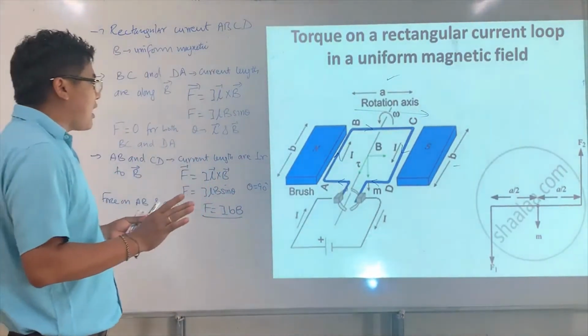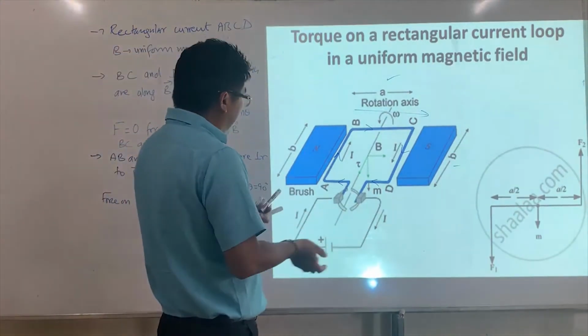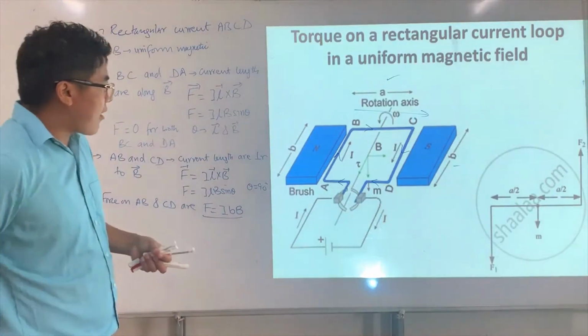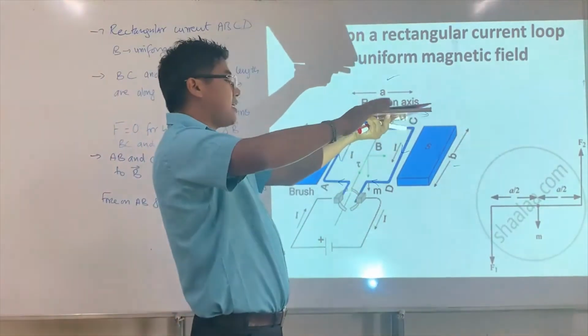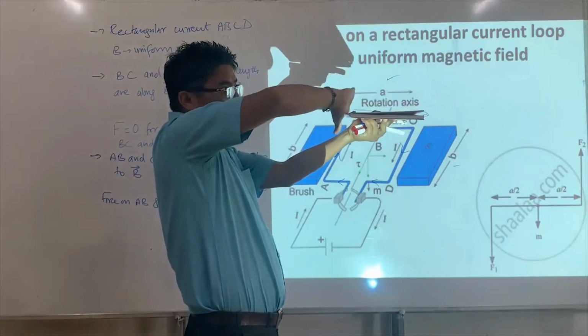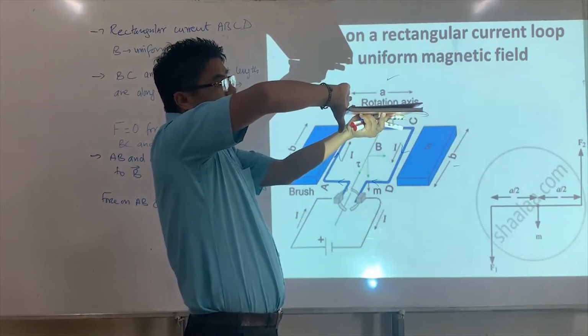Now I would like to find out the direction of force. Look here: this is the length element, this is the direction of current, and this is the direction of the magnetic field.